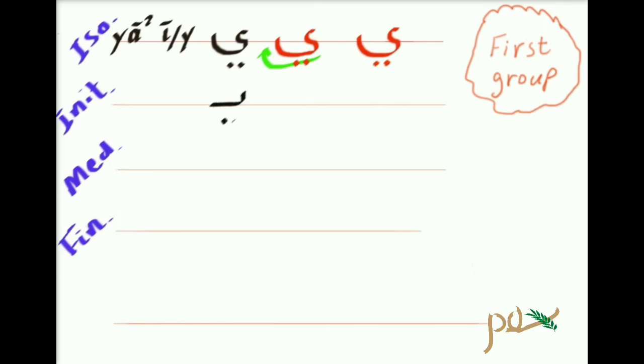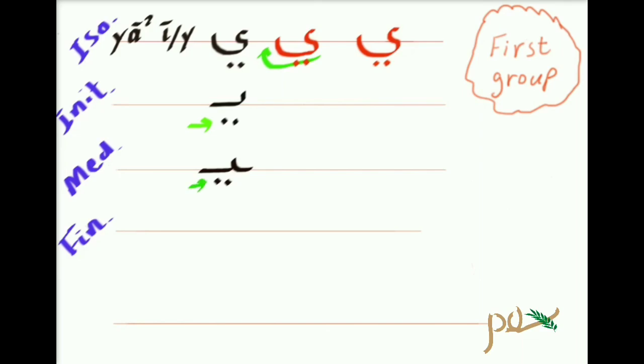Then, this is the initial form with 2 dots underneath. And this is the medial form. It looks like the medial form of the letter ba, ta, tha, nun, except the dots. Here we have 2 dots underneath. This is the medial form of the letter ya.